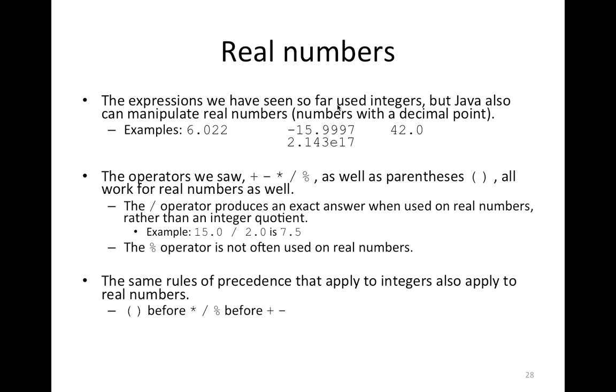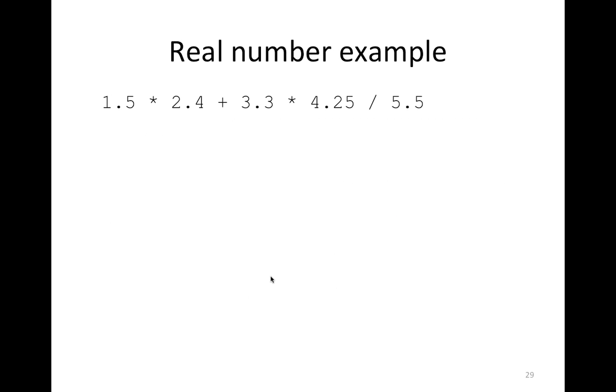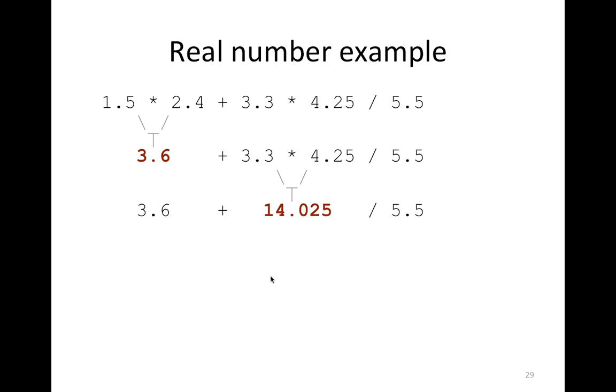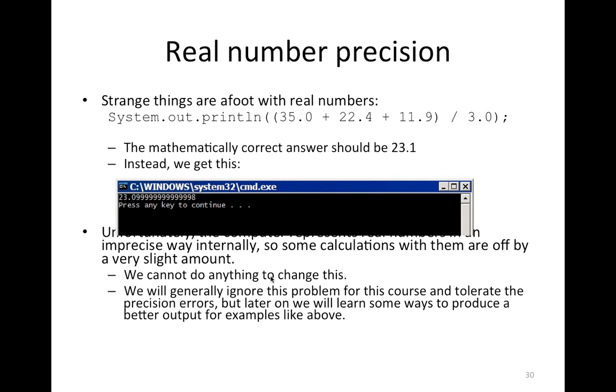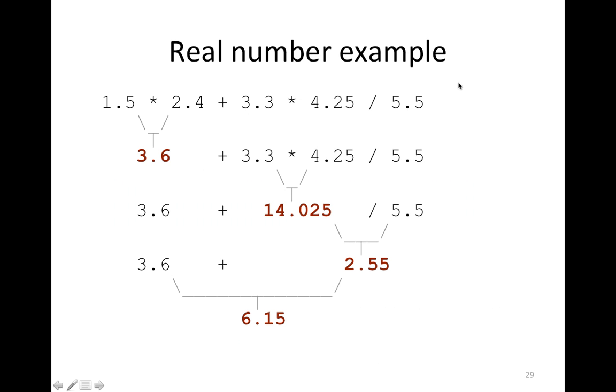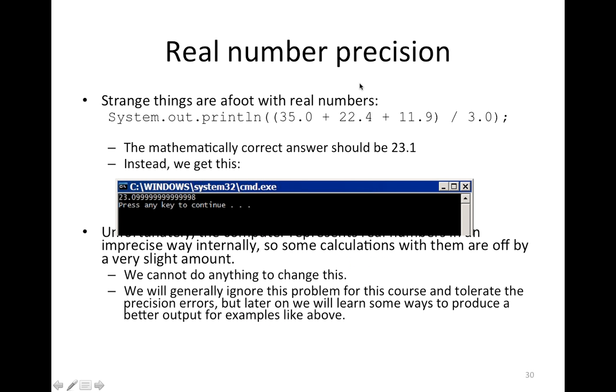If you just do a division by 2 with integers, it's going to give 7. The same rules of precedence that apply to integers also apply to real numbers. There is some real number example also. Go through this. All right, let's move on.